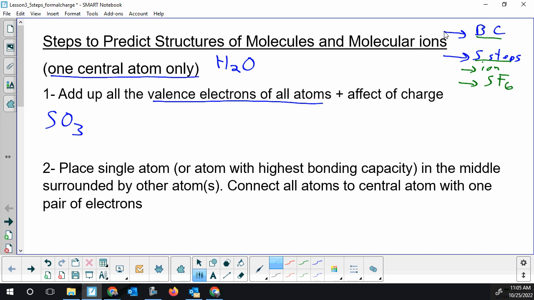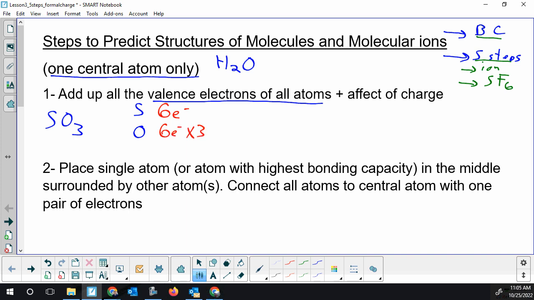So I've got sulfur atoms, I've got oxygen atoms to add up the valence electrons. So sulfur is in group 6, so that's going to contribute 6 electrons. Okay, only valence electrons are part of bonding. Oxygen is also in group 6, but there's 3 of them.